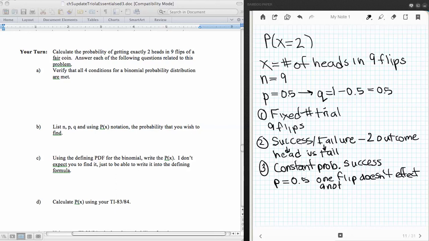Now, the last thing I have to make sure of is that the trials are independent. And yes, every time I take 9 flips of a coin, the flips don't take things out of the population, so I know every single time I have the exact same opportunity for the same outcomes to happen.